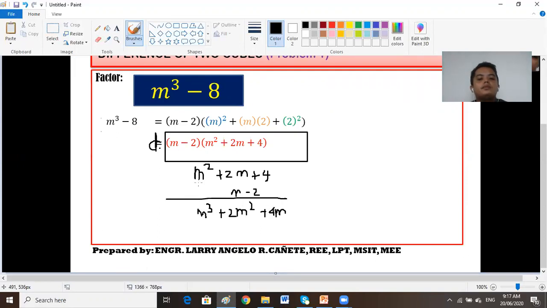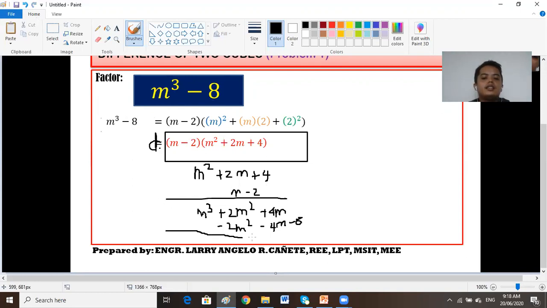Negative 2 times m squared is minus 2m squared. Negative 2 times 2m, that is negative 4m. And then negative 2 times 4, that is minus 8.